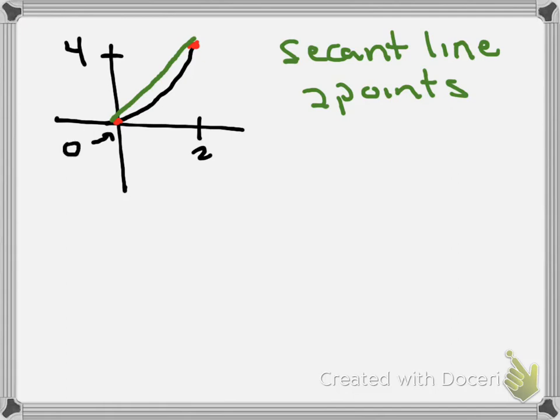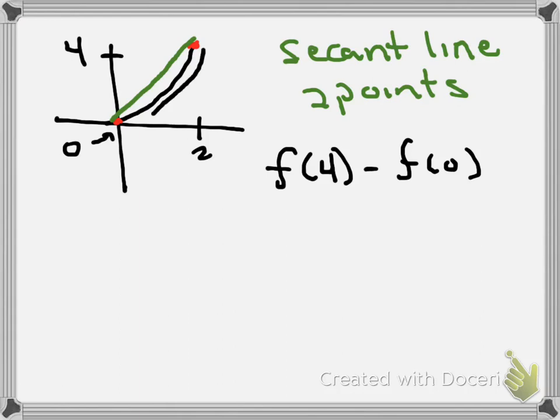So we're trying to find the average of functional values between x equals 0 and x equals 2. And so if we want to sum up all the items, that would be f of 4 minus f of 0, because that's all the points on this graph between 4 and 0. And then the number of points we have would be, well, we started at x equals 2 on the right hand side, and we end up at x equals 0.